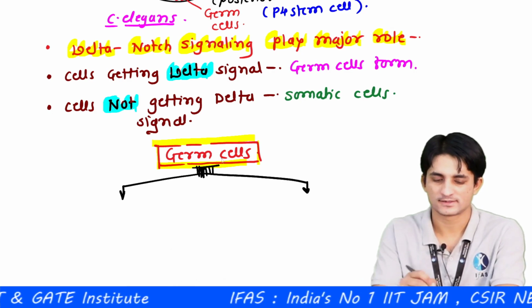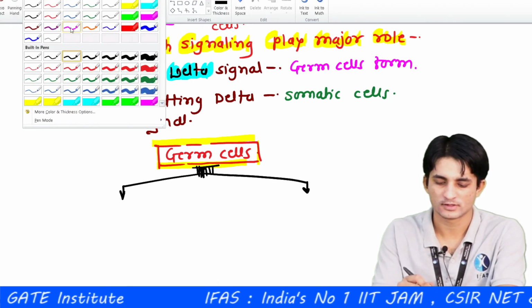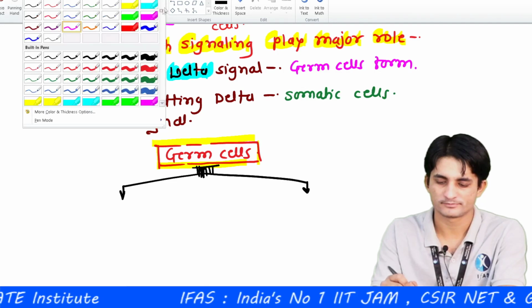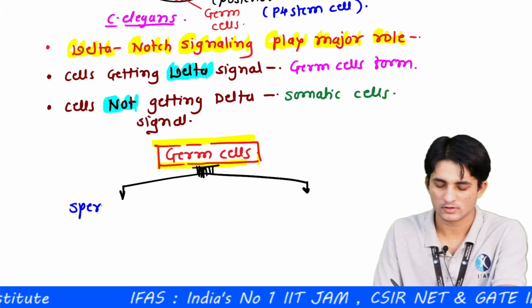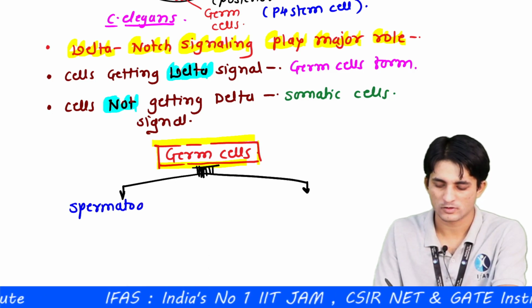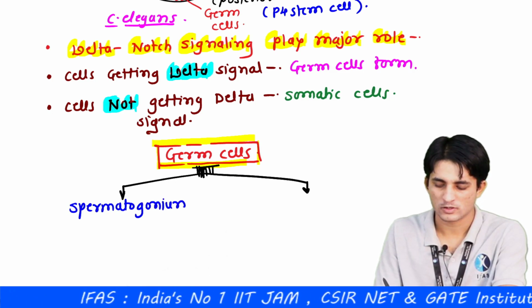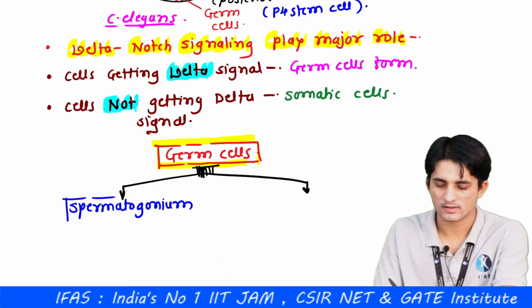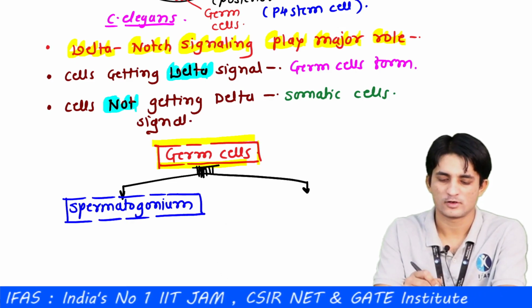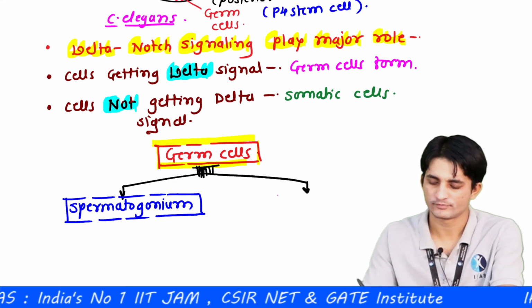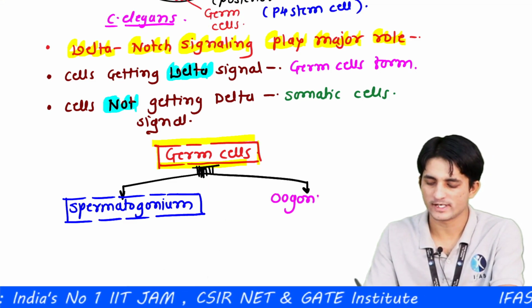So germ cells convert into spermatogonium, or they convert into the oogonium.